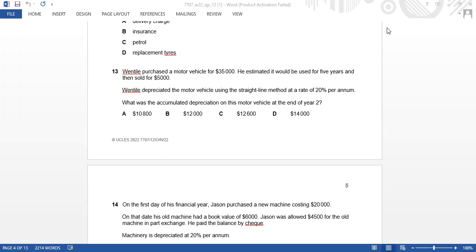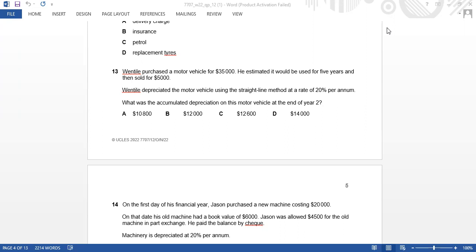So we'll do 35,000, the cost, minus the residual value 5,000, that will give us 30,000, and we divide by the useful life, that is 5 years. 30,000 divided by 5 gives us 6,000. And it asks what the accumulated depreciation is. Accumulated depreciation is the total depreciation at the end of year 2 of the motor vehicle.